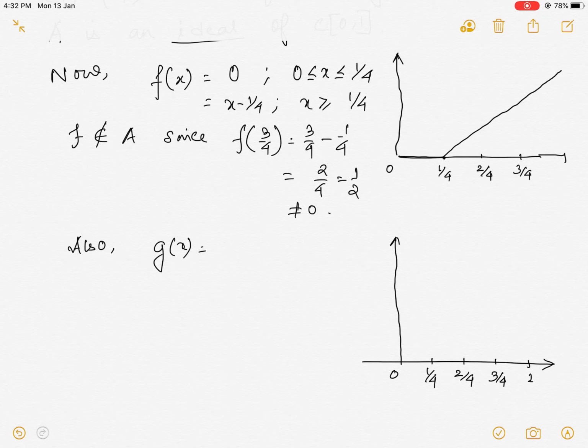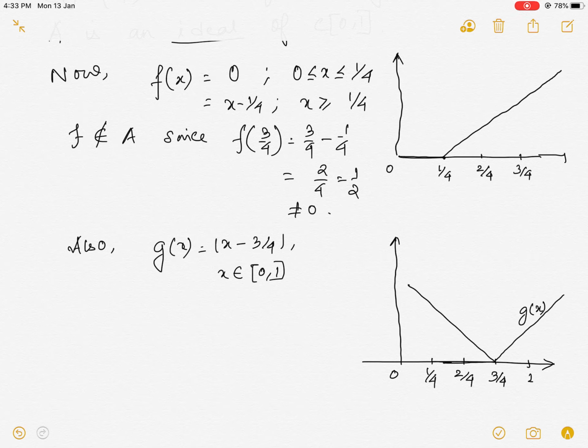If we define g(x) as modulus of x minus 3 by 4 for all x belonging to 0, 1, then it will look like this.